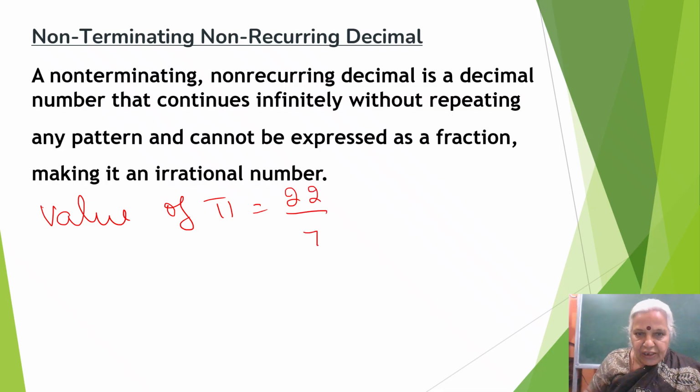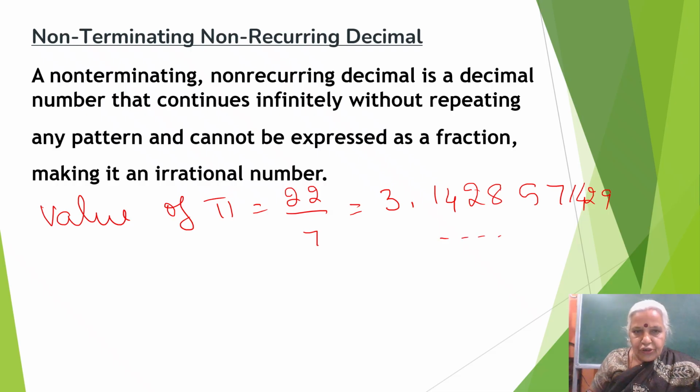If you find the value, it will become 3.1428571429. Like this it continues. See here, I'll show you up to 1 or 2 decimal places.